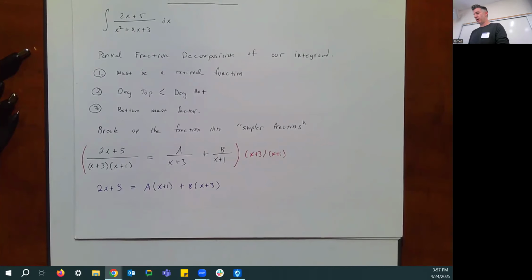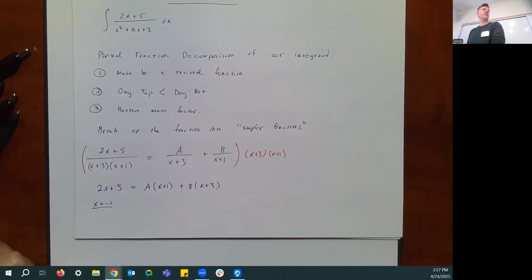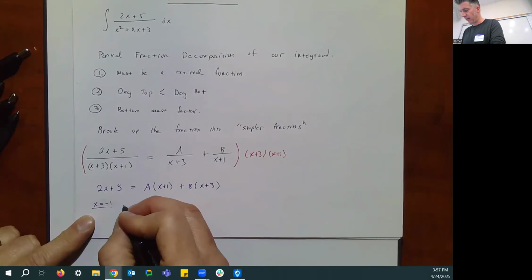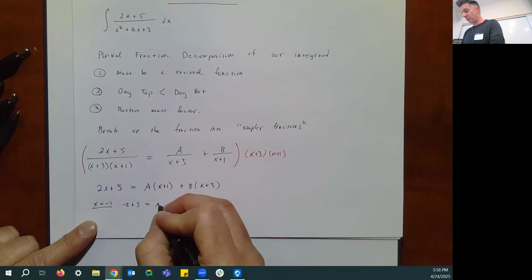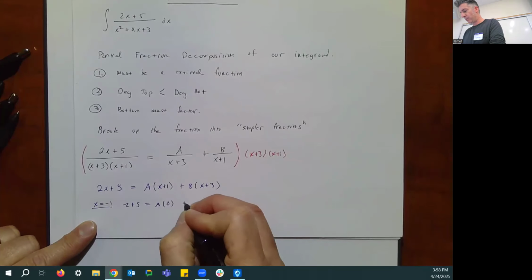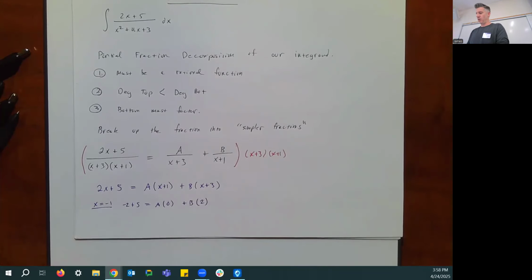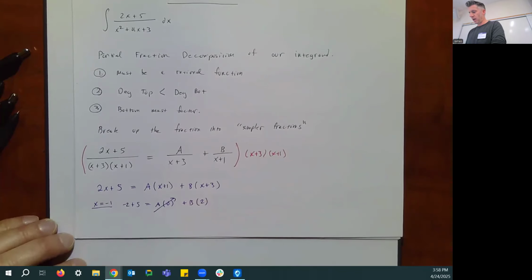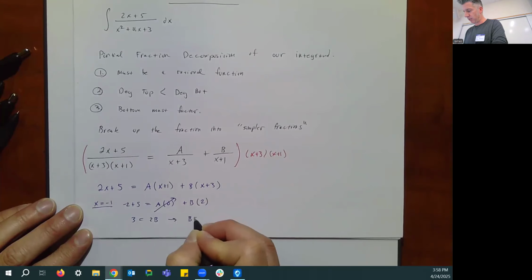Specifically, I could pick x equal to negative 1. And if I pick x equal to negative 1, on the left-hand side, I have negative 2 plus 5 equal to, on the right-hand side, a times 0 plus b times negative 1 plus 3. That was convenient. The a went away. And I have 3 equal to 2 times b, or b is equal to 3 divided by 2.